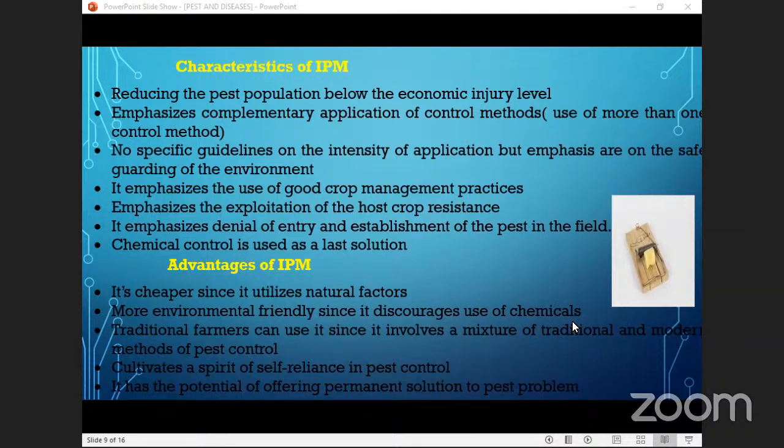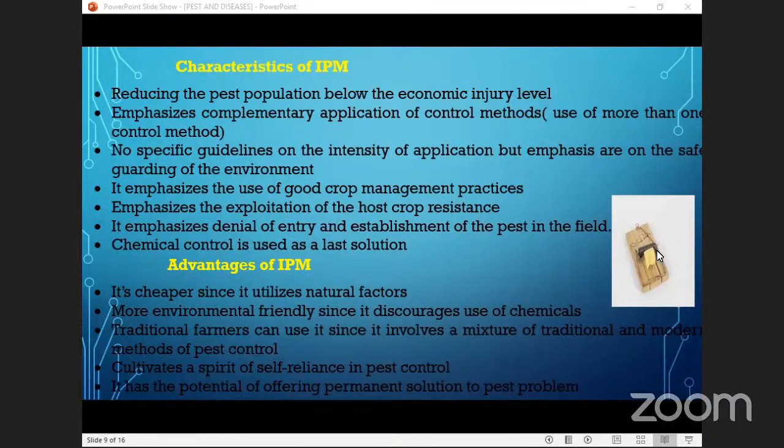The last one says, it has the potential of offering a permanent solution to pest population. It could be the best pest control measure because it is cheap. It reduces the pest population to a minimal, manageable number. Okay.